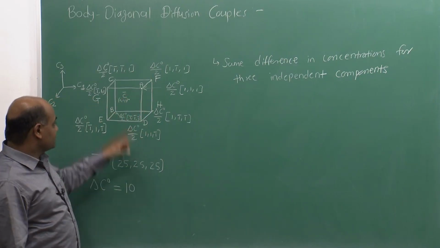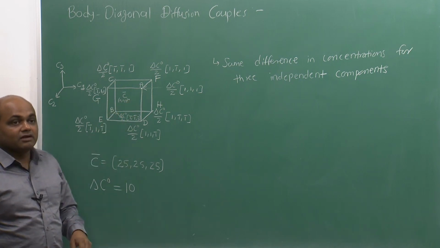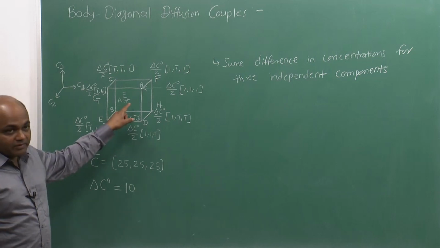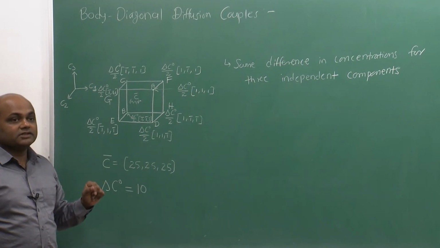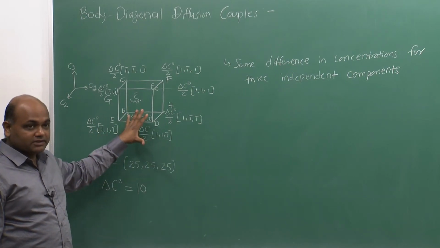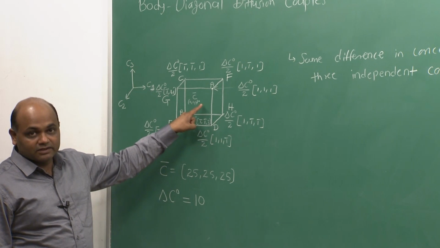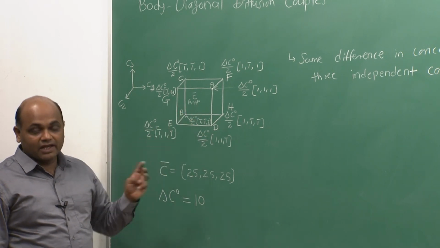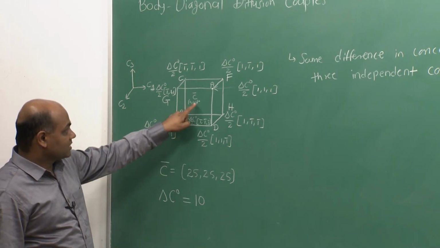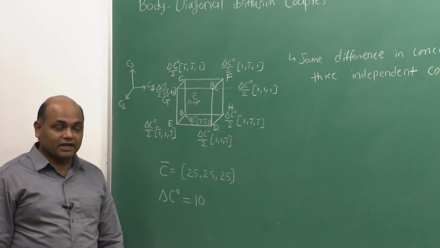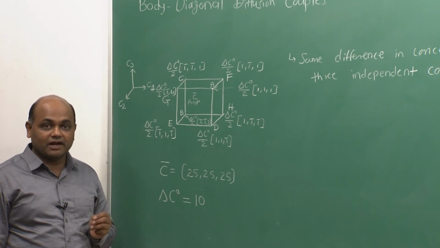Now, since the 4 diffusion couples are expected to intersect at one composition C bar, we can select any 3 of them for our experiment, so that at the common composition C bar we can get 9 independent equations, because there will be 3 independent fluxes in each couple at the common composition.